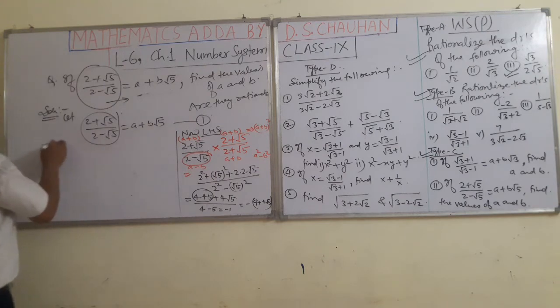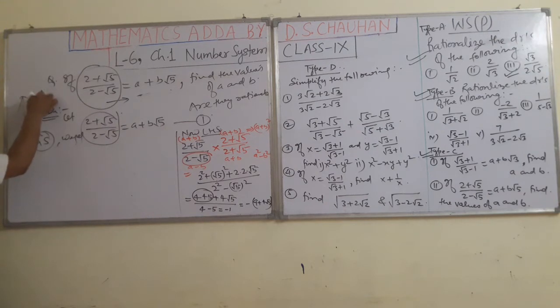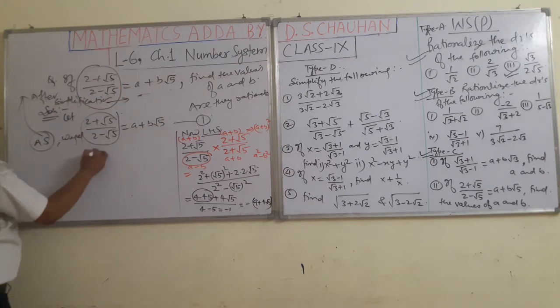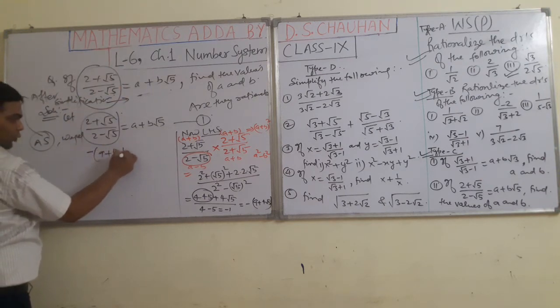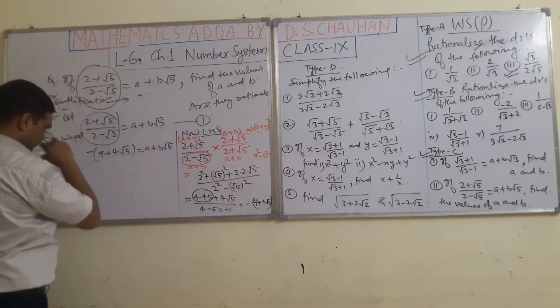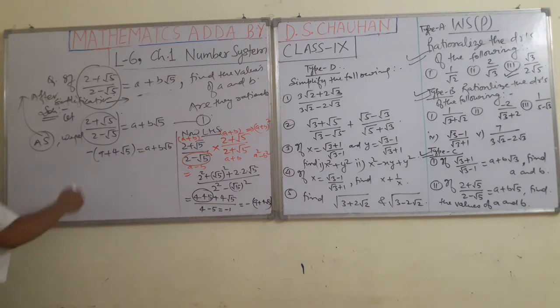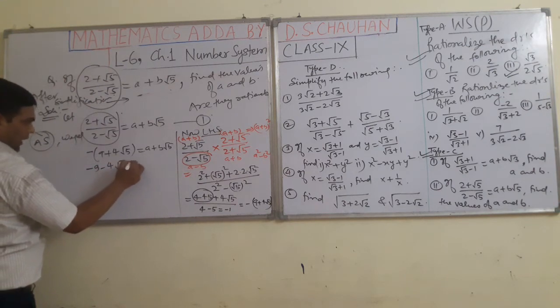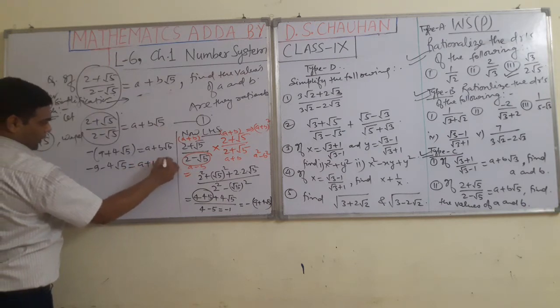So after simplification, AS stands for after simplification, we get minus times 9 plus 4 root 5 equals a plus b root 5, and multiplying by minus, inside the bracket we get minus 9 minus 4 root 5 equals a plus b root 5.